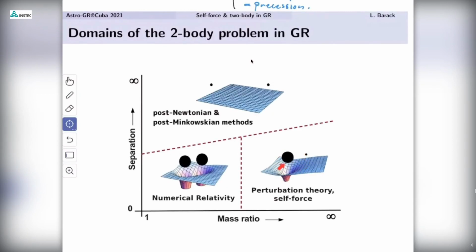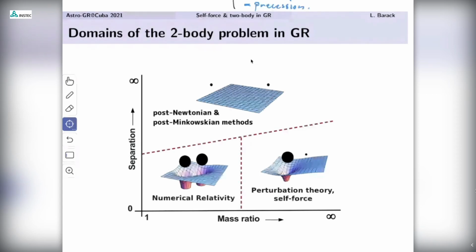At next order, you take into account corrections that are linear in the mass ratio. And then what happens is that this little thing is going to experience an acceleration that comes from its own gravitational field. So it's as if there was a force that this little object exerts on itself, because it's moving in the gravitational field of itself.